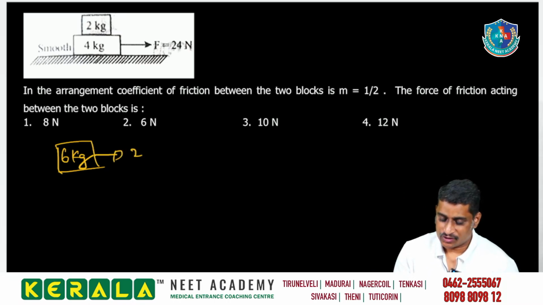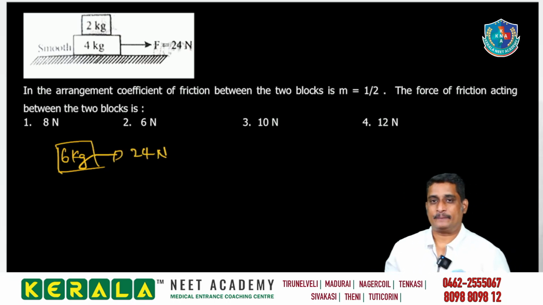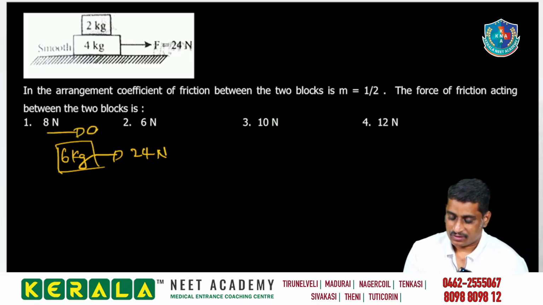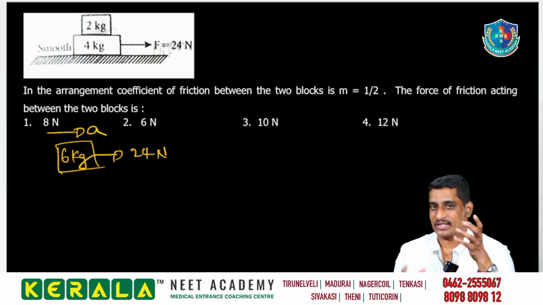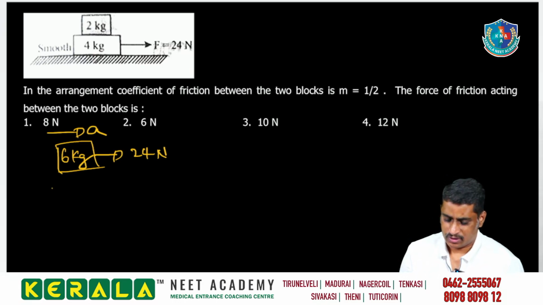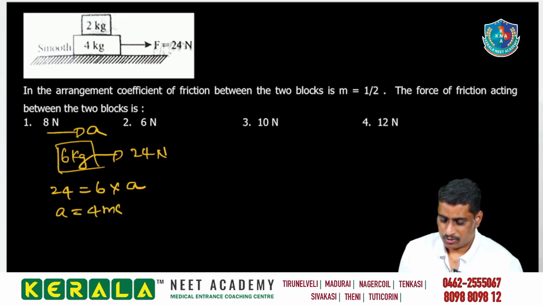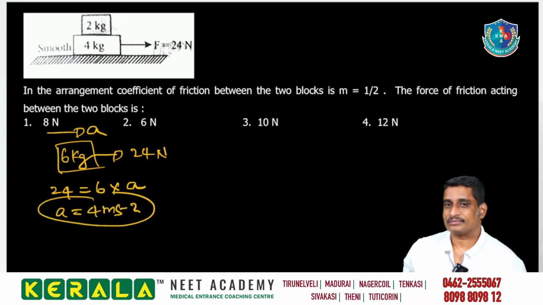And the applied force is 24 newtons. Therefore, 24 newtons produces a common acceleration in both the blocks, let us assume. So net force 24 is equal to MA, total mass of the system is 6 into A. So A will be equal to 4 meters per second square.